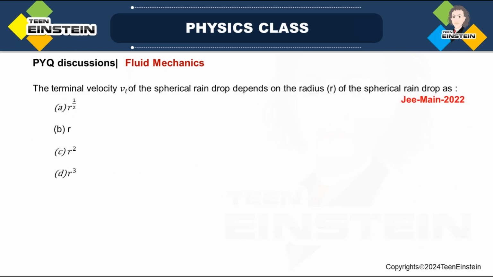Okay, so terminal velocity Vt of a spherical raindrop depends on radius. How does it depend on radius for the spherical raindrop? Any raindrop when it falls, there will be mg downward, buoyant force Fb, and also viscous force, Fv, let us say.